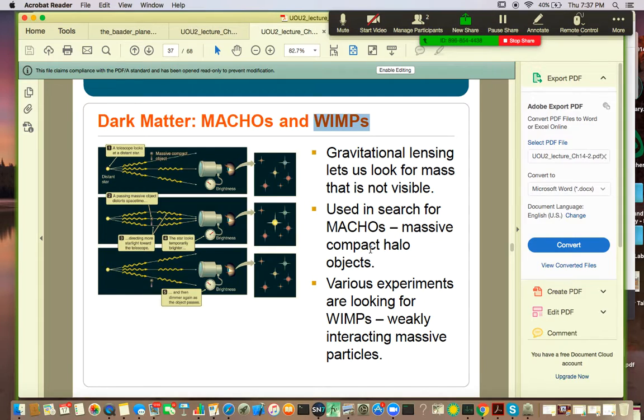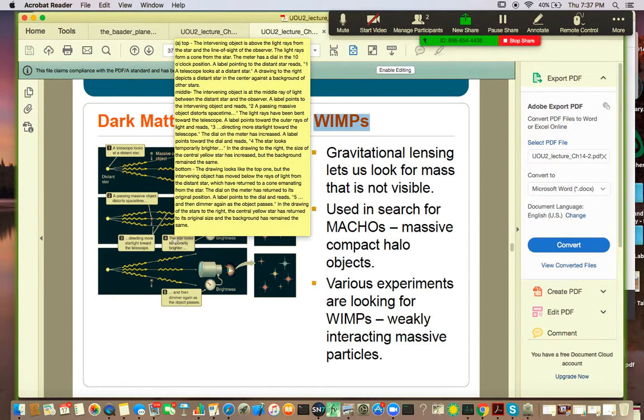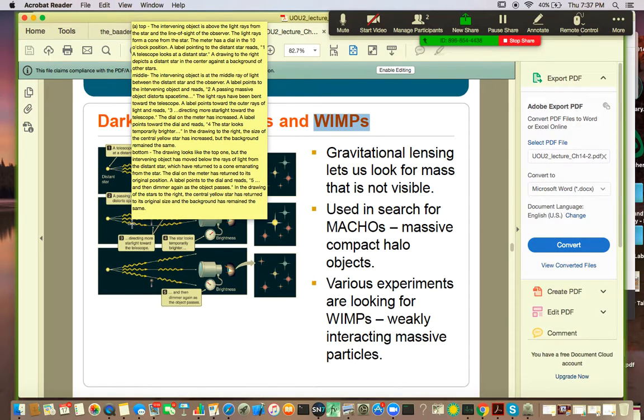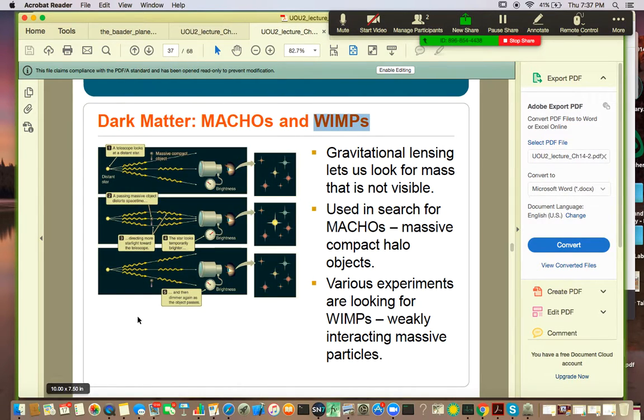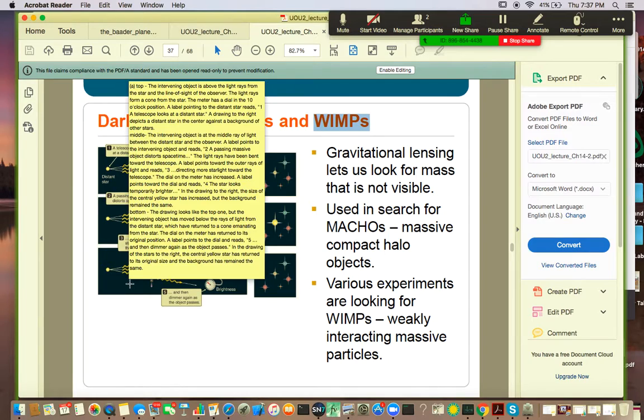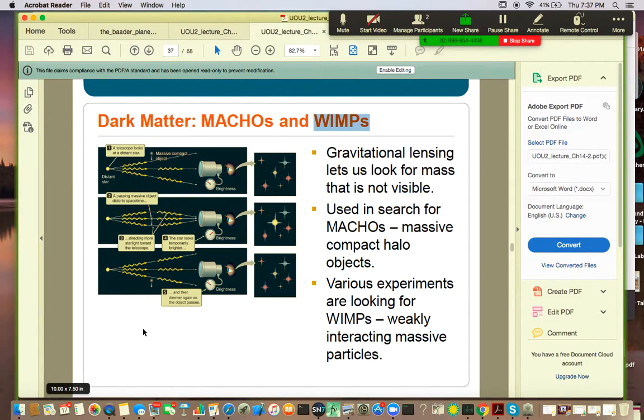And MACHOs are massive compact halo objects. So MACHOs are objects that happen to be in the galactic halo. They don't interact with matter so much because they are compact, but we are able to observe the effect of their presence by the bending of the light as it passes them.